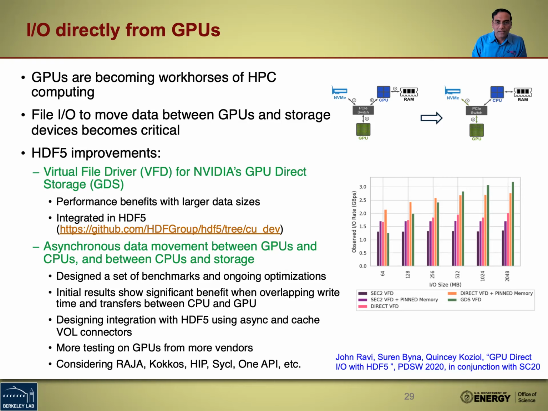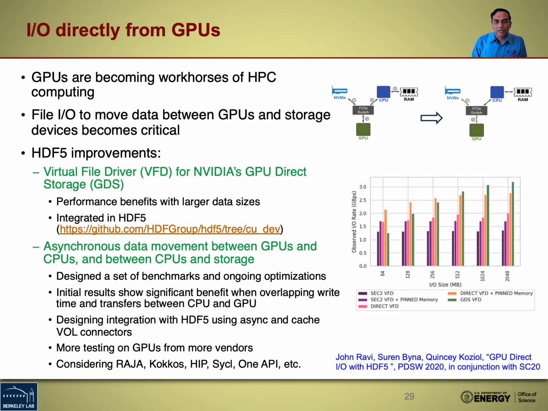Bounce buffer means the current approach, or the slightly older approach, is to copy the data, let's say in the write operation, from the GPU to the CPU, and then from there copy the data to NVMe.